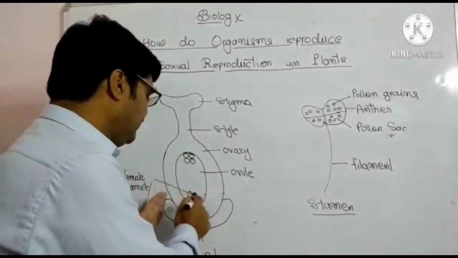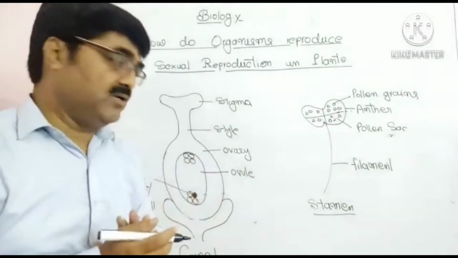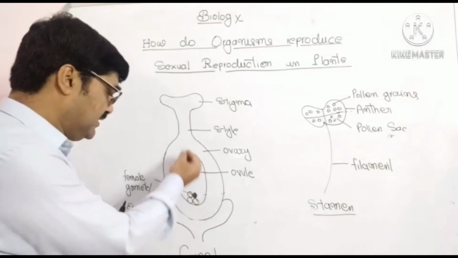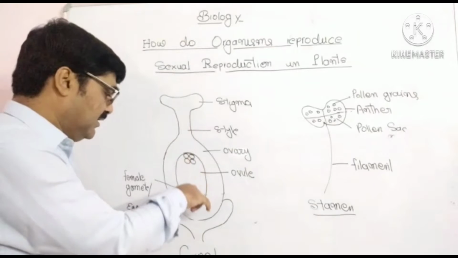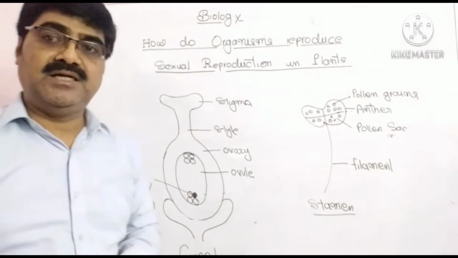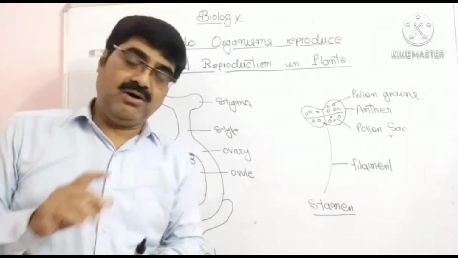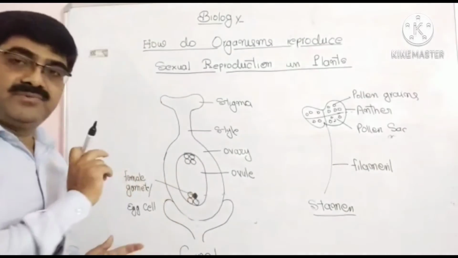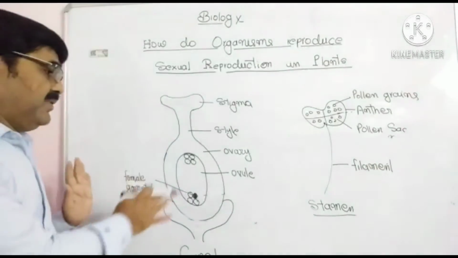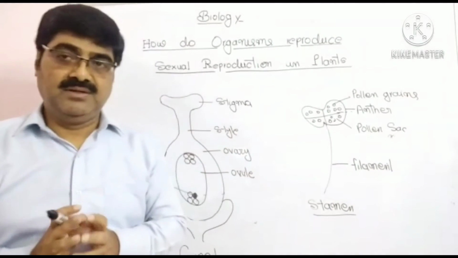And inside the ovary there is one round structure that is called ovule, and ovule has a number of cells, 8 cells, 4 cells on the upper side and 4 cells on the lower side, and one of the lower cells is called female gamete or egg cell. So this is the structure of the carpel and stamen.